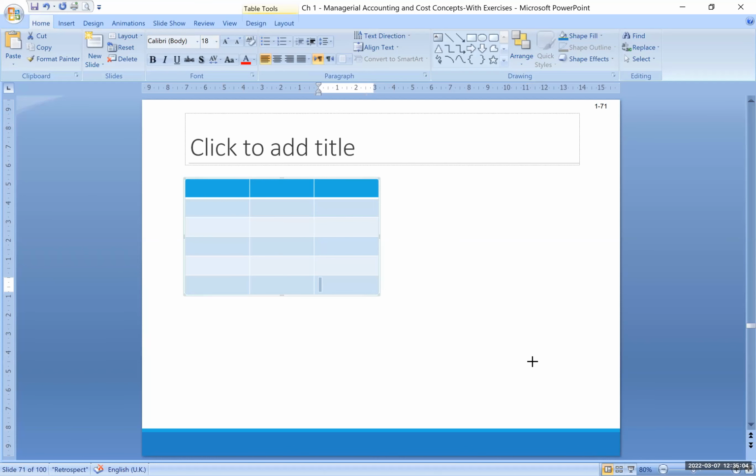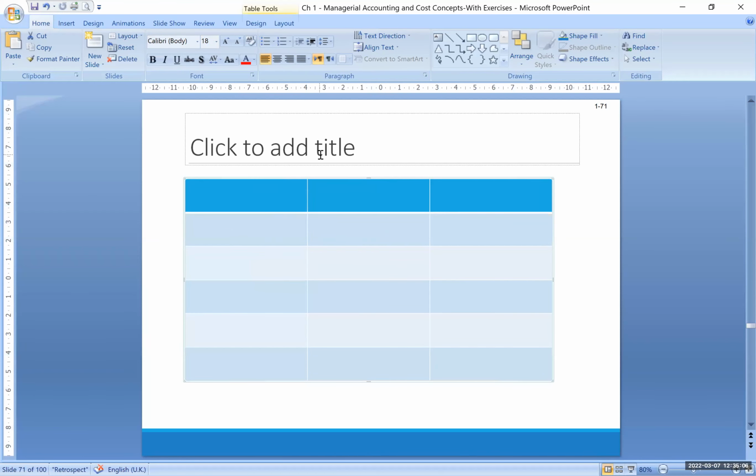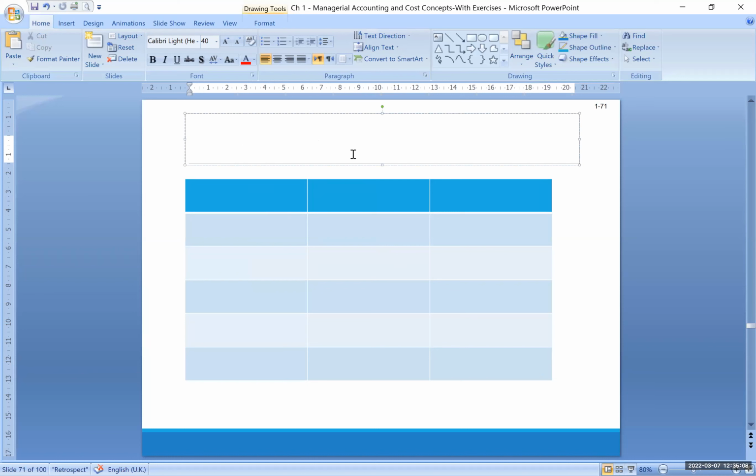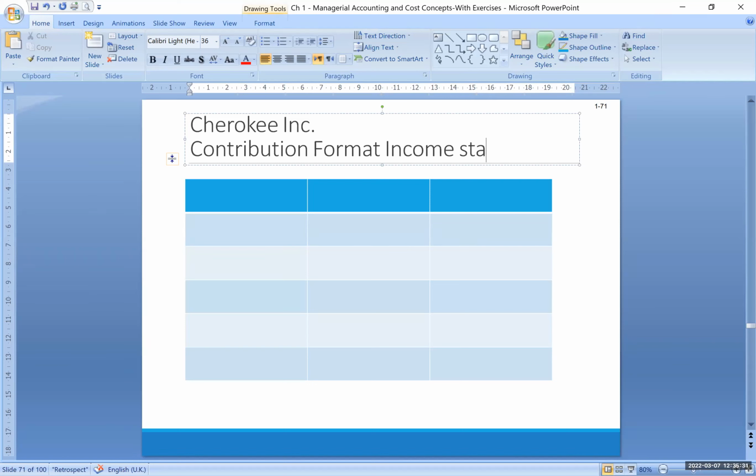For the contribution margin, we need to write down contribution margin, or contribution format income statements.